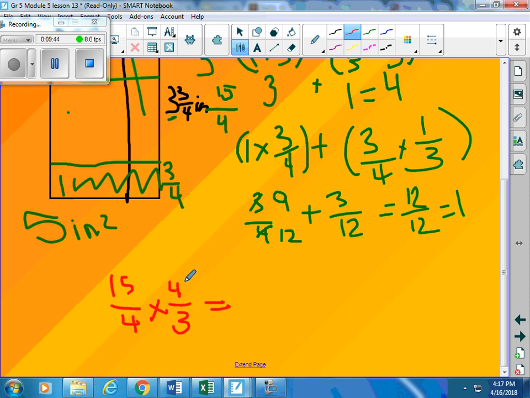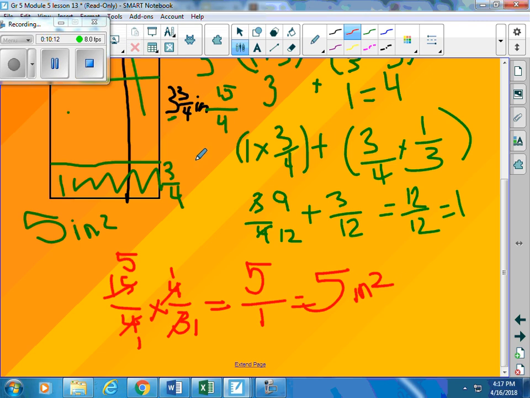So 4 goes into 4 one time. 4 goes into 4 one time. 3 goes into 3 one time. 3 goes into 15 5 times. Now I can multiply straight across, and I get 5 times 1 equals 5, and 1 times 1 equals 1. So my answer here is 5 inches squared.